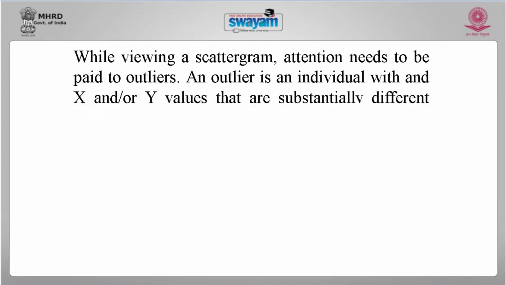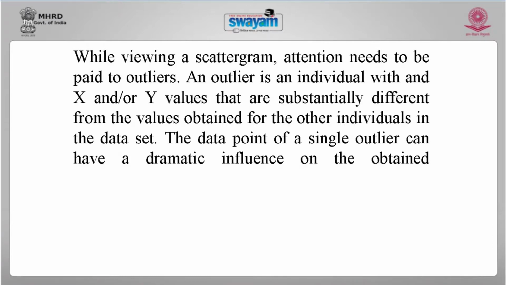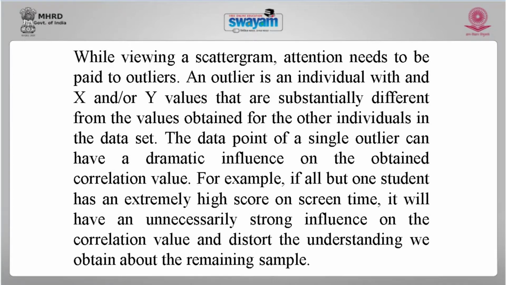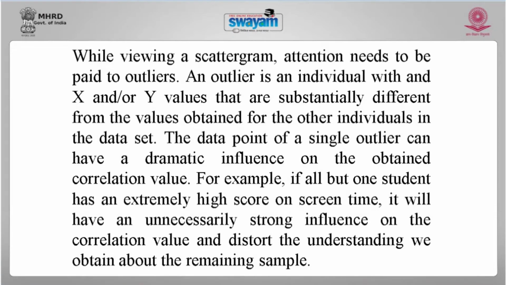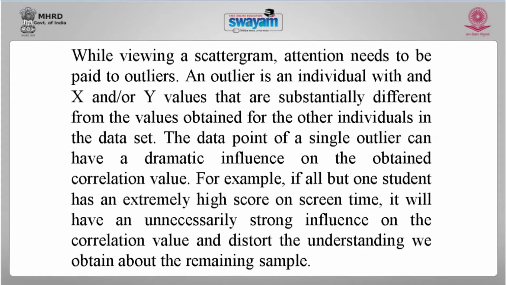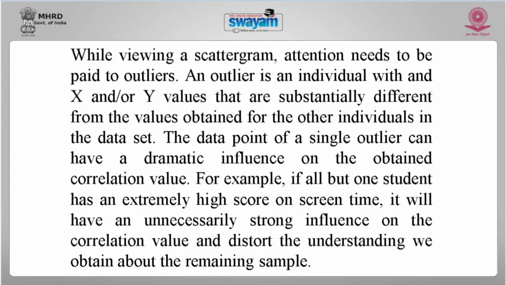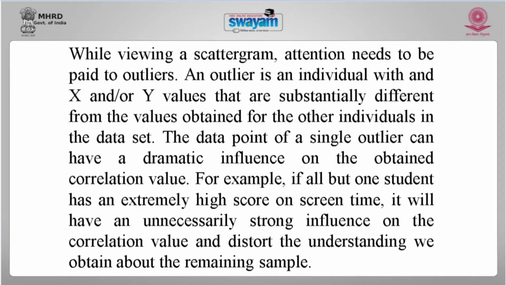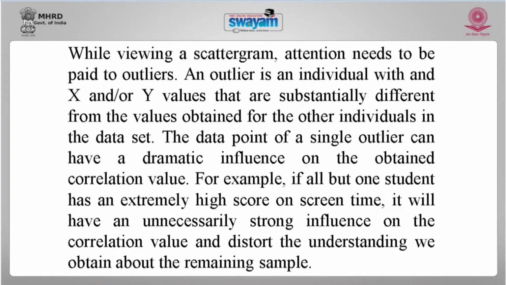While viewing a scattergram, attention needs to be paid to outliers. An outlier is an individual with X or Y values that are substantially different from the values obtained for the other individuals in the data set.